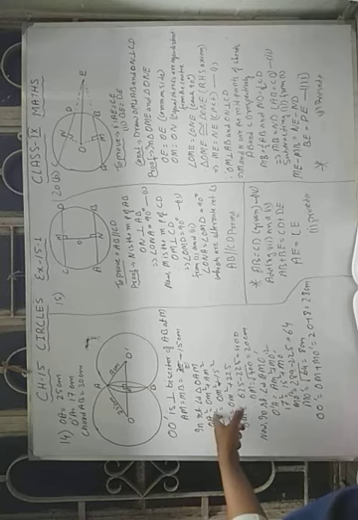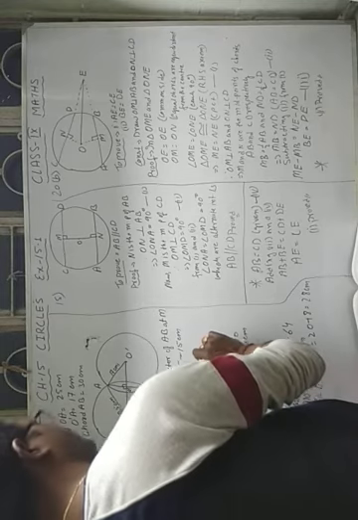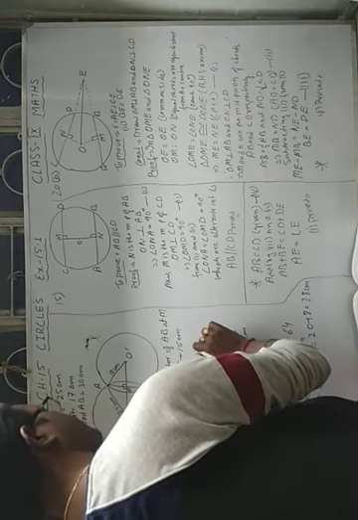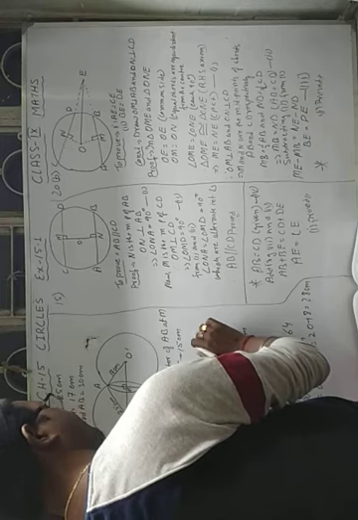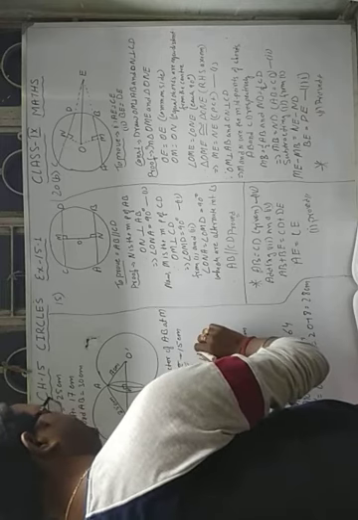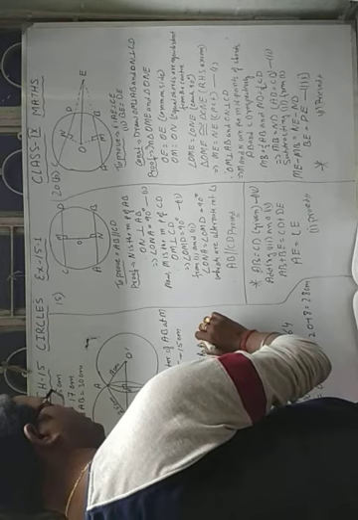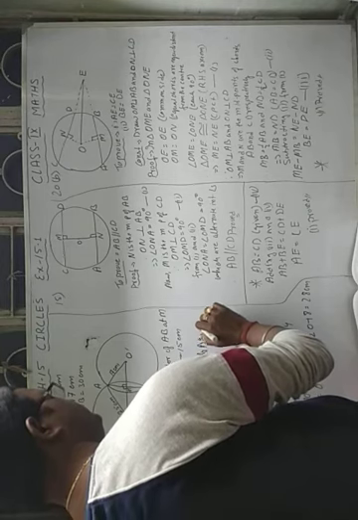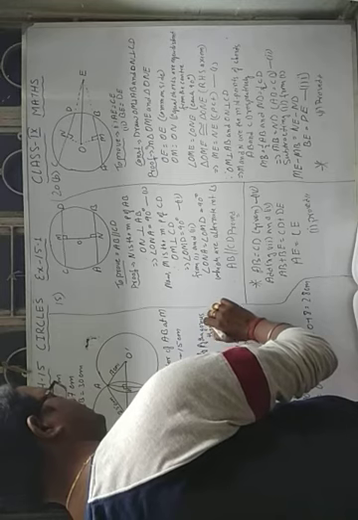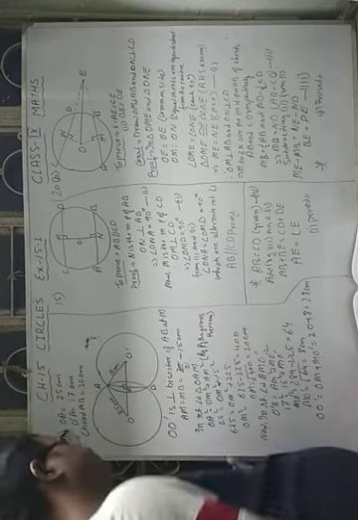So by Pythagoras theorem, OA square is equal to OM square plus AM square.